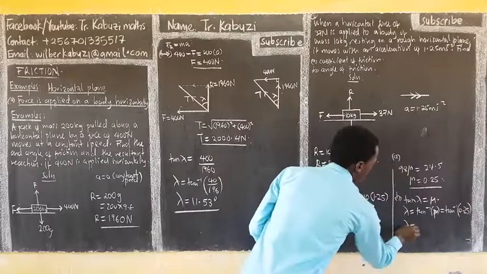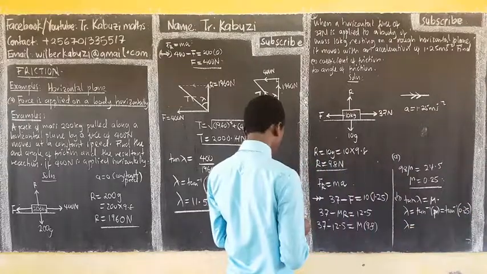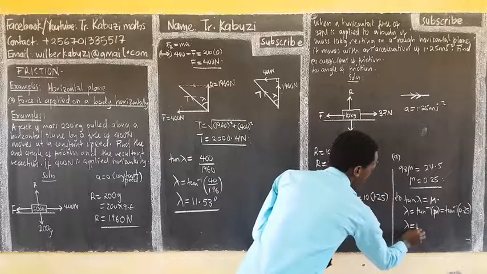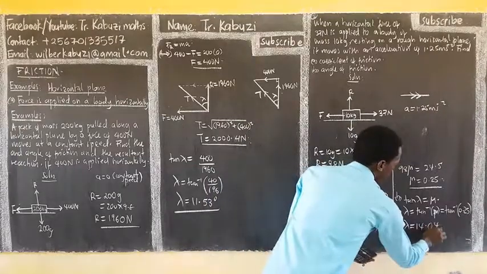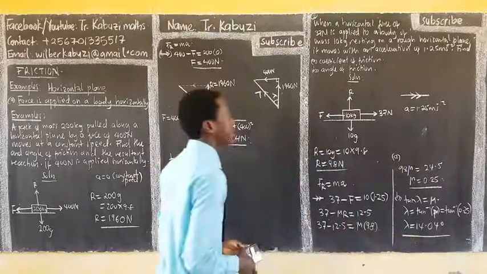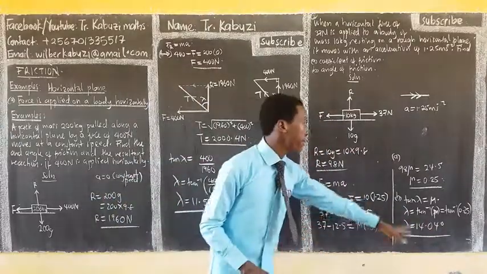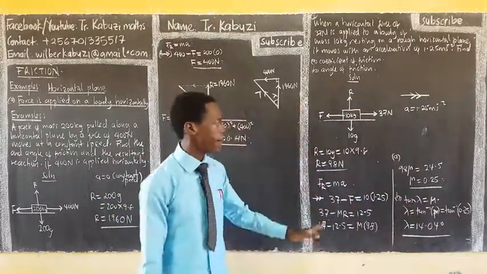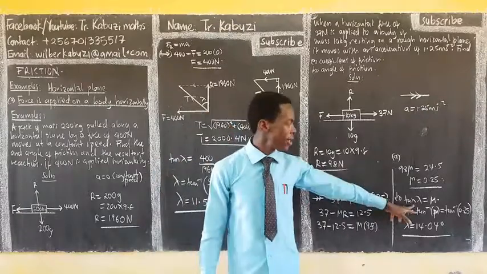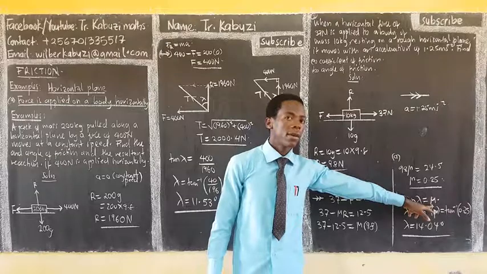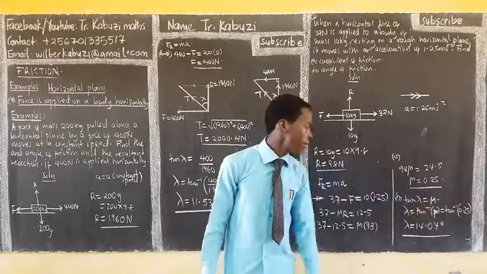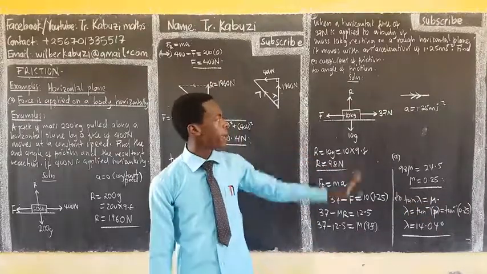And so my lambda will be 14.04 degrees. That is how we can get the angle of friction if we have mu. Using this equation, tan of the angle of friction is equal to the coefficient of friction, as simple as that.